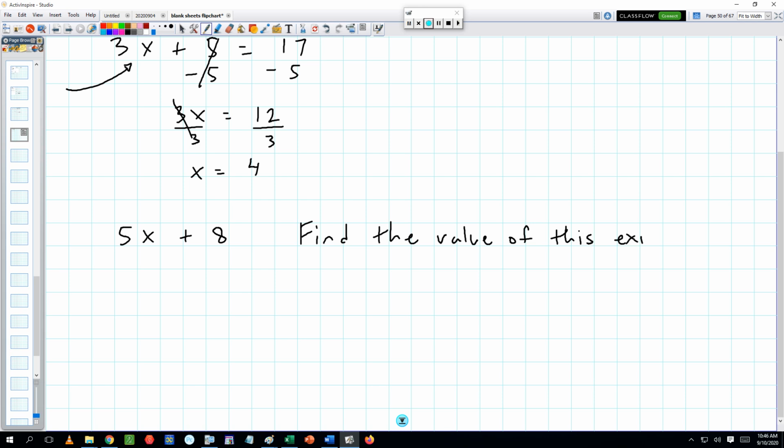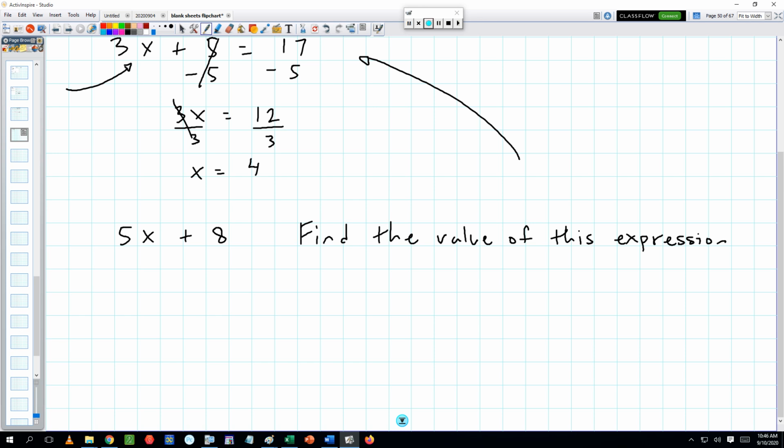And this is an expression. We call things like this expressions when you don't have an equal sign. Up here I called this an equation because I had an expression equal to something else. It could be another expression, but I had an expression equal to a number. The equal sign caused that to be called an equation.